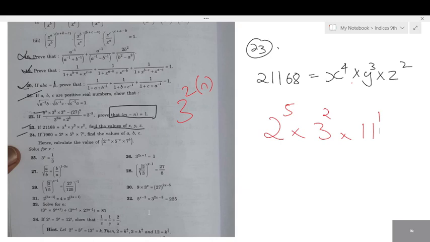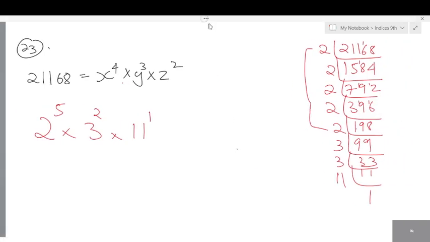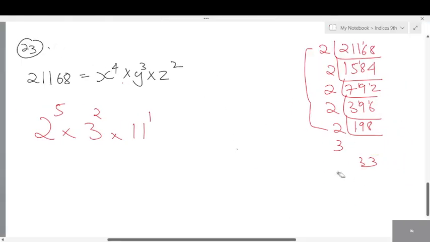Is the question right? 21168. That's correct. Okay. But why are we getting different values? Actually, the factorization has gone wrong.